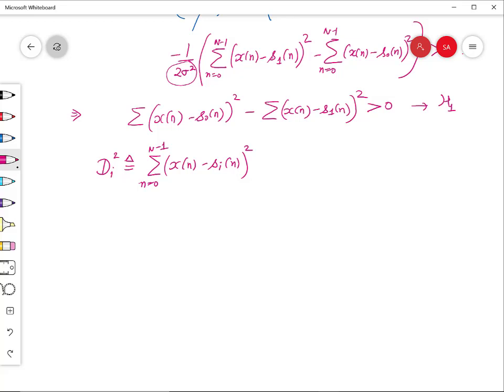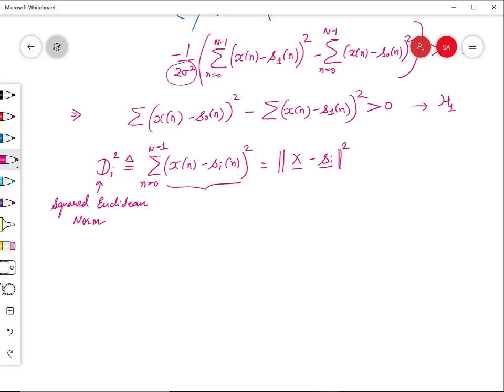This is the squared Euclidean norm. Can I write this in vector form? I can write it as the norm of vector x minus vector s_i, squared.